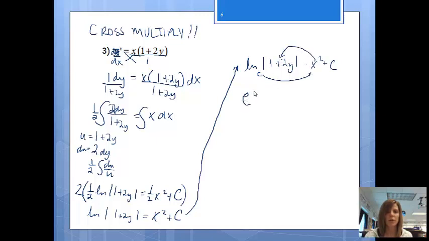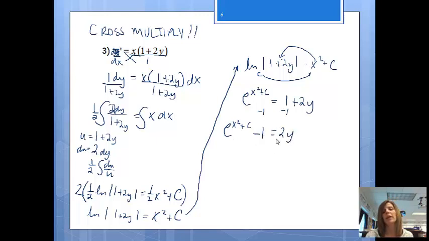So I'm going to get e to the x squared plus c is equal to 1 plus 2y. So now notice the ln is gone. I'm going to be now solving for y. So I'm going to get the y by itself, I'll subtract 1 from both sides. So I'll get e to the x squared plus c minus 1 is equal to 2y.